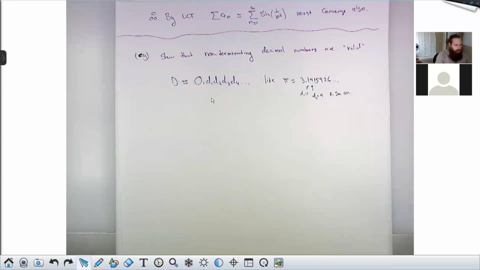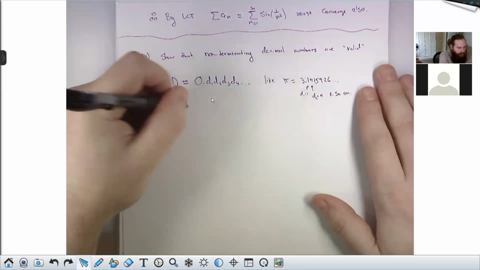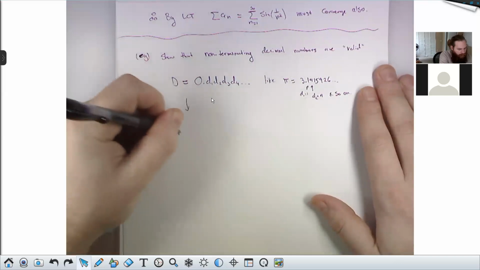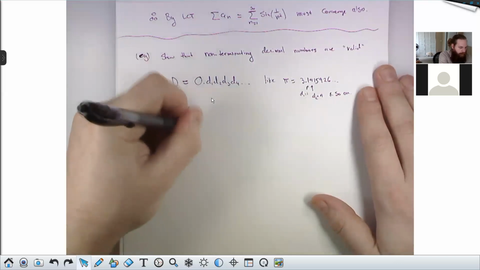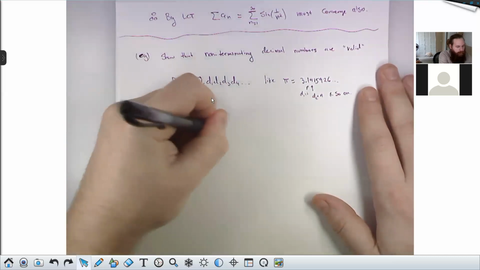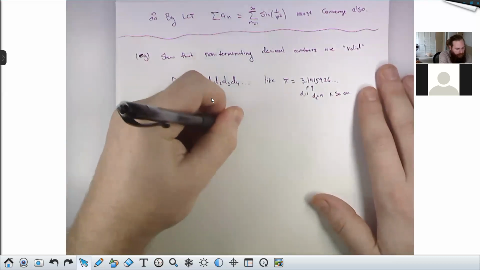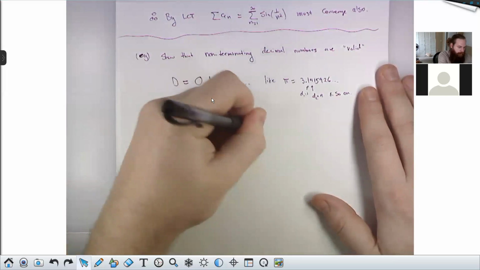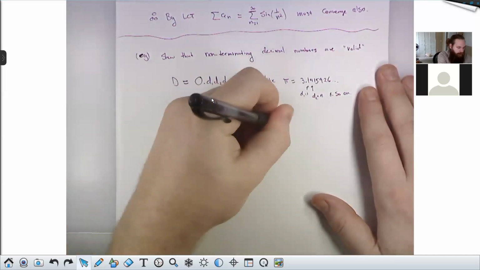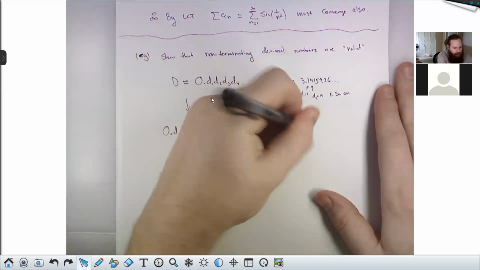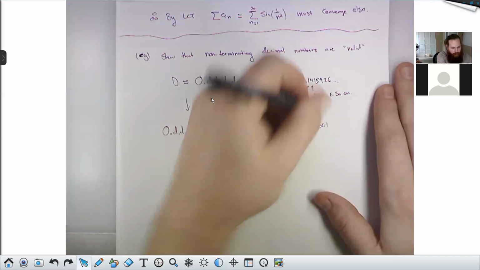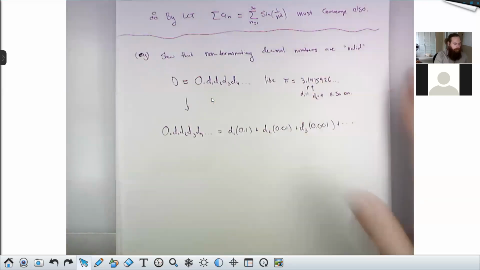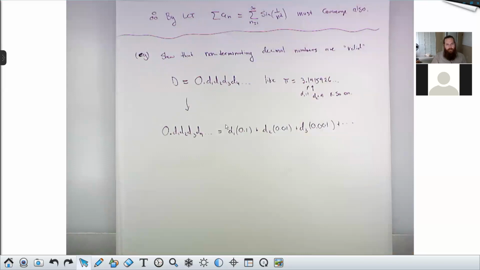I want to show that all the numbers of this form are actually finite real numbers. And the way we can do this is by saying, okay, 0.D1, D2, D3, D4, and so on, that's really D1 times 0.1 plus D2 times 0.01 plus D3 times 0.001, and so on. Because this is 0.D1, this is 0.0D2, this is 0.00D3.